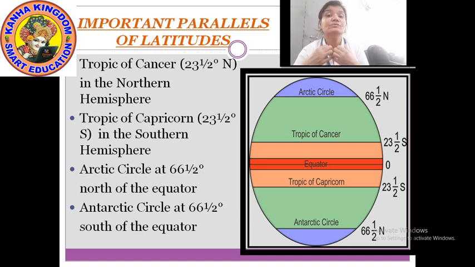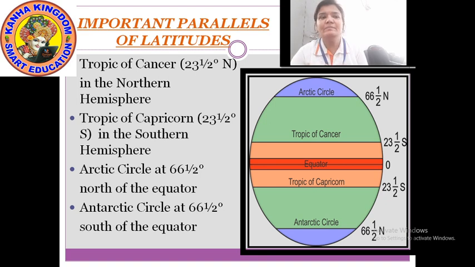Now we can move to the Arctic Circle. The Arctic Circle is situated on 66.5 degree north. Again, the Arctic Circle is situated on 66.5 degree north.